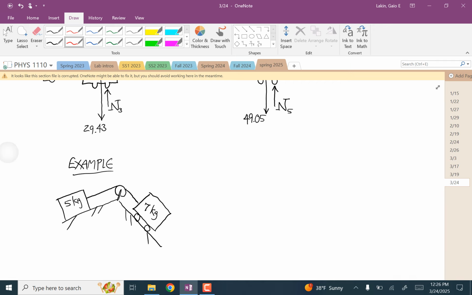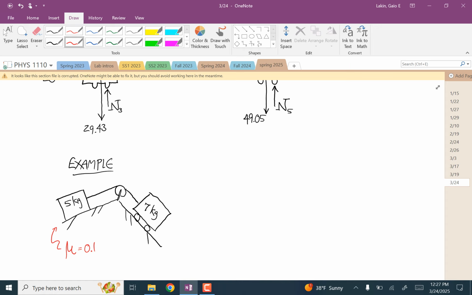And let's say that over here, the coefficient of friction between the incline and the block is 0.1. Whenever there's friction, we have to know the direction of motion of the object, because the friction always acts in the opposite direction of the motion.